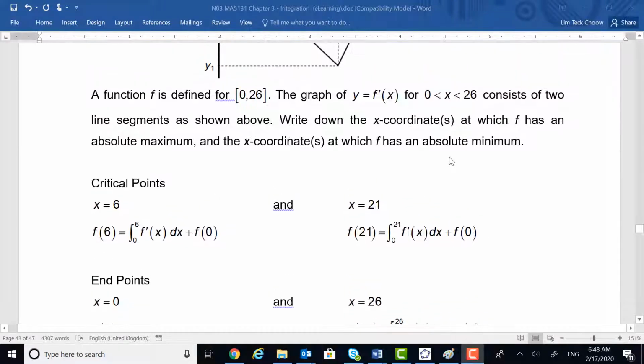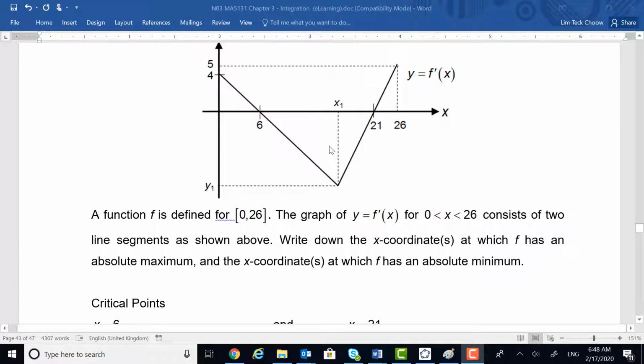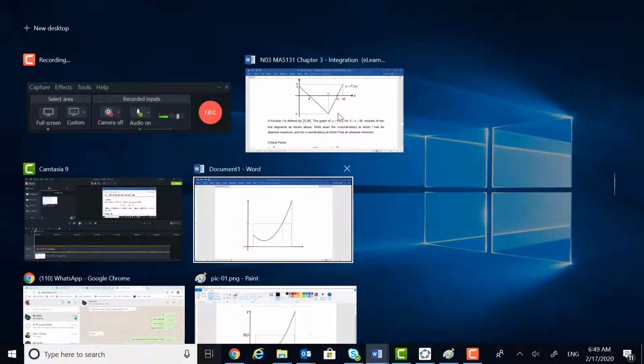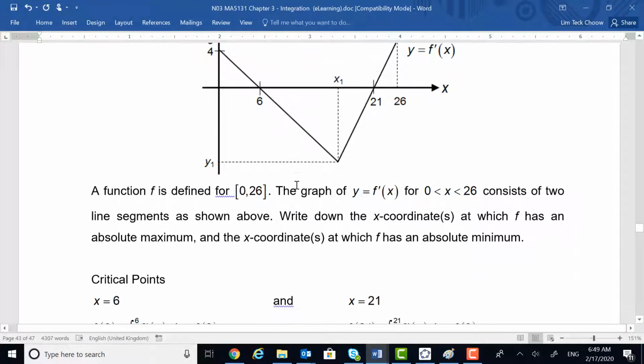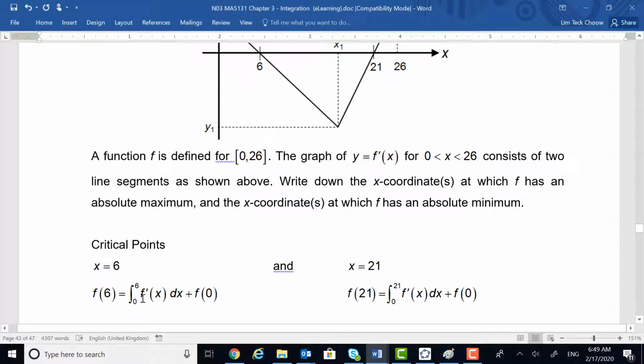If you look at the graph, you find that if you integrate from 0 to 6, you get some positive value. If you integrate from 6 to 21, you get a big negative value. And then from 21 to 26, you get some positive value. So based on this, you can see that this number will be the biggest, because it is the integration from 0 to 6 that gives a small positive value plus f(0).